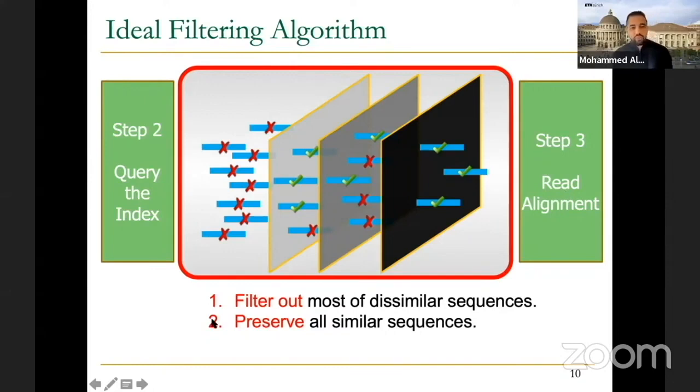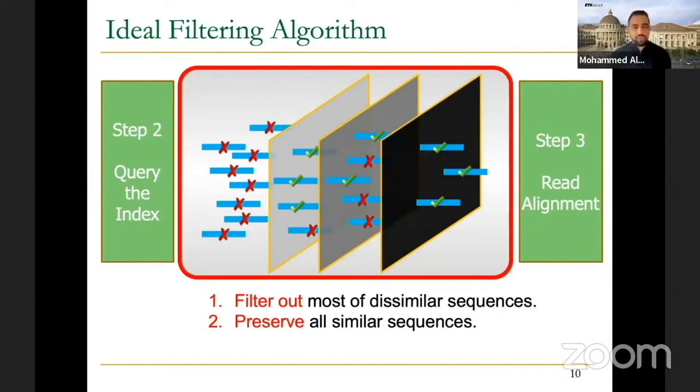The very important property is the second one: preserve all similar sequences. If two genomic sequences have one edit, for example, or one difference, and the threshold is 5, you still need to pass this to the third step. And that is a must. Why is that? Because the aim of the entire read mapping process is to find these differences between the sequences.